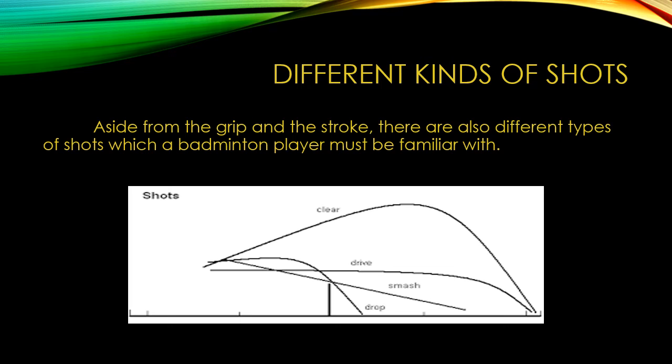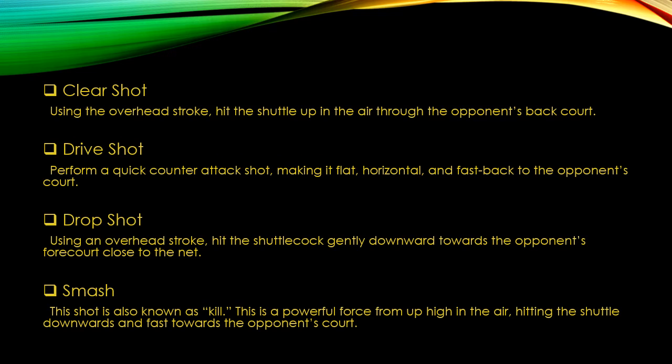And now let's go to the different kinds of shots. Aside from the grip and the stroke, there are also different types of shots which a badminton player must be familiar with: clear shot, drive shot, smash, and drop shot. Clear shot: using the overhead stroke, hit the shuttlecock up in the air through the opponent's backcourt.